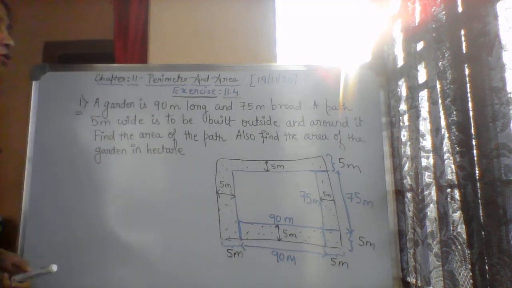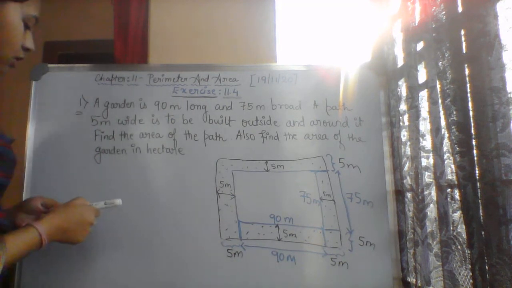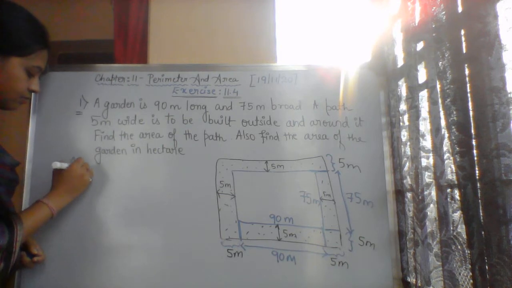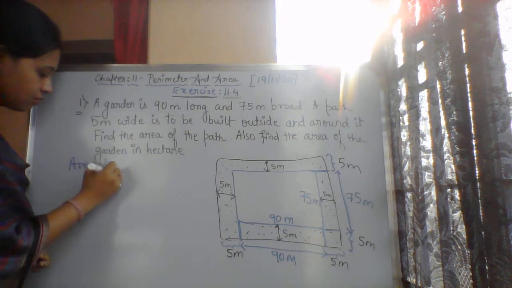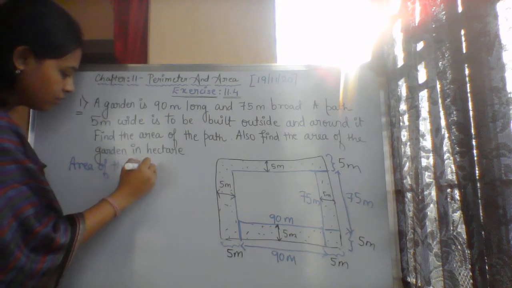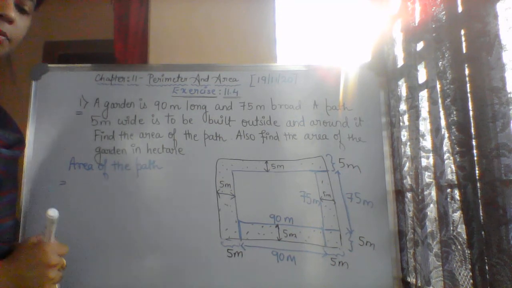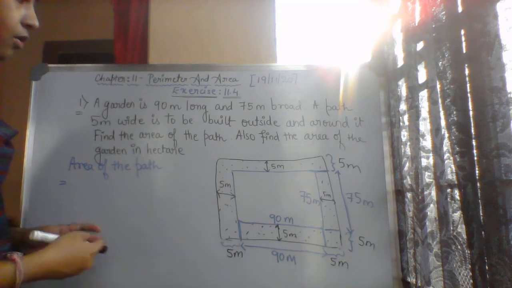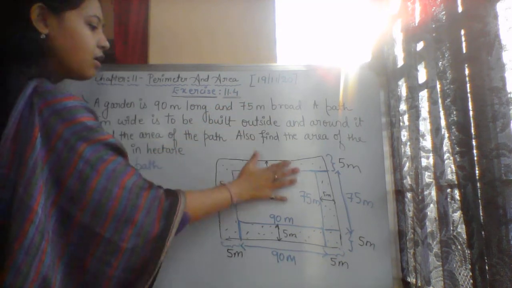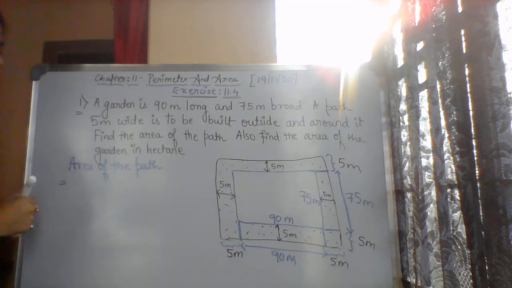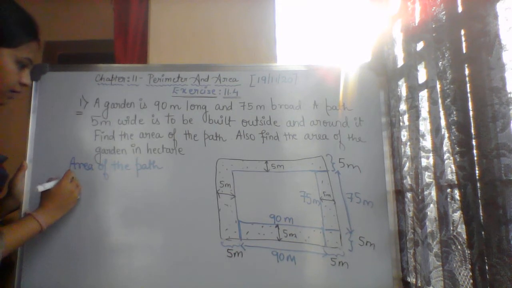Okay, so we need to find out the area of the path. How can we find out the area of the path? For that, we need the area of the bigger rectangle. What is the area of the bigger rectangle?